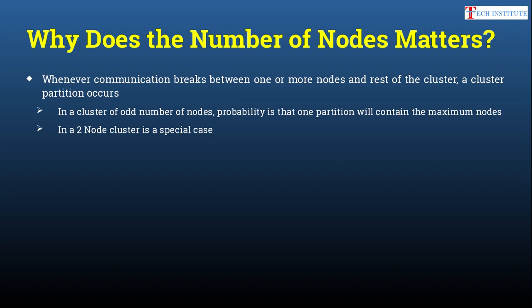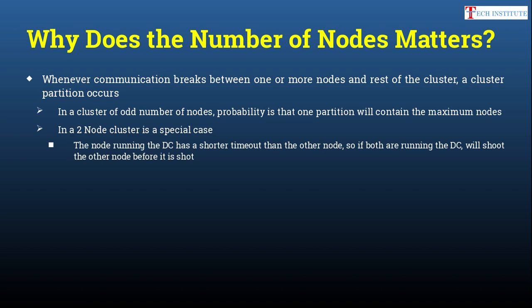But a 2 node cluster is a special case, because if a partition happens, both partitions will have one node each. In that case you will not know who has the majority of the nodes. And one more thing: the node running the DC, or designated coordinator, has a shorter timeout than the other nodes.